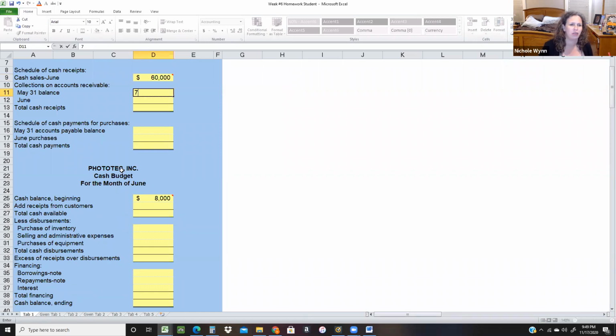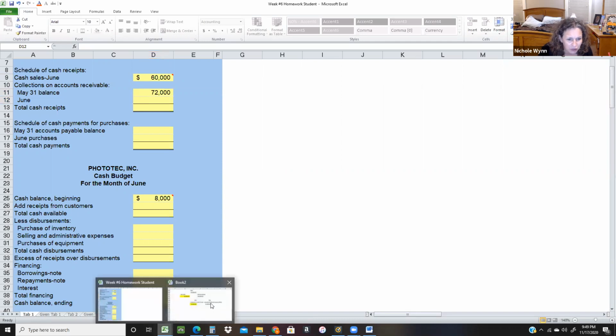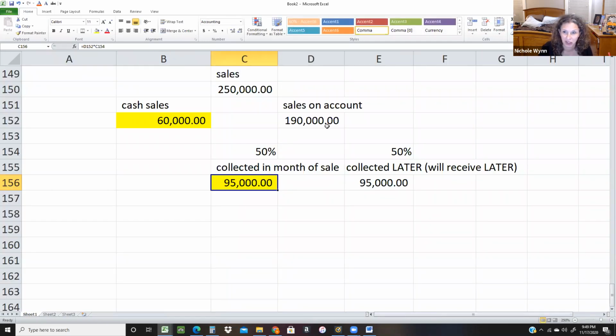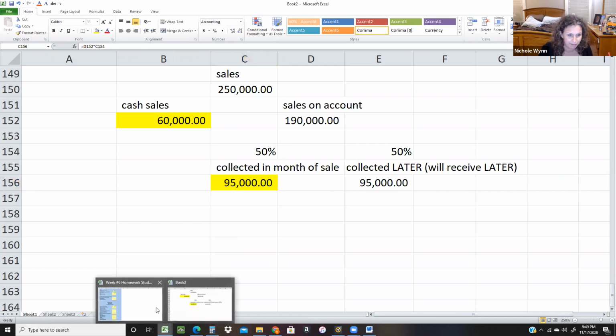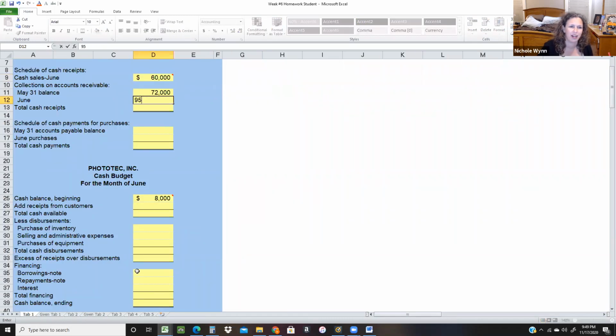So I'm going to collect the full 72,000. And then from my sales on account, which were 190, I'm going to collect 95,000. So in total, I am going to receive 227. That 227 is going to come in as receipts from customers.